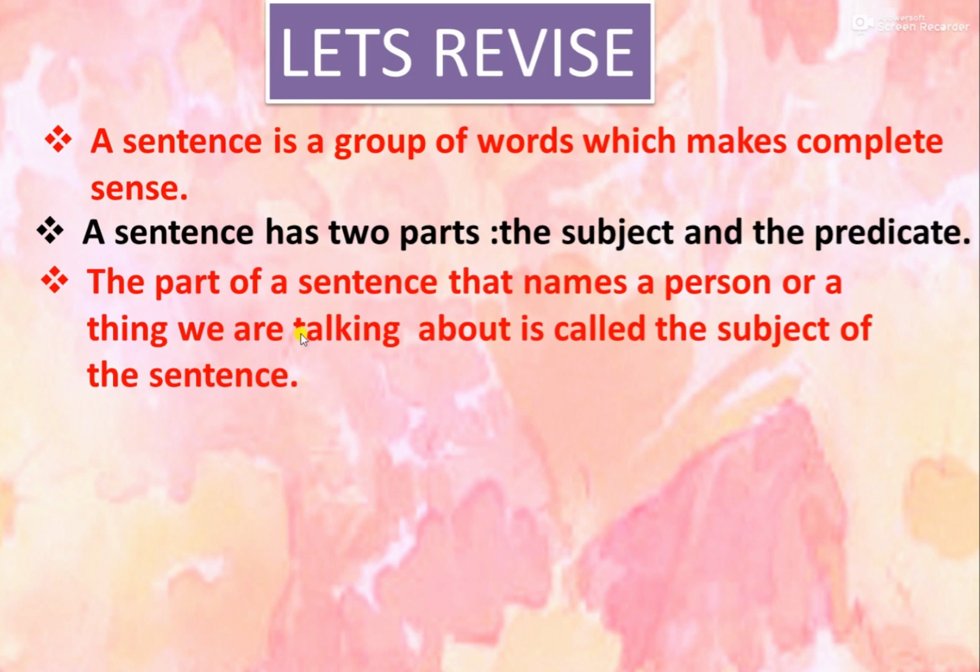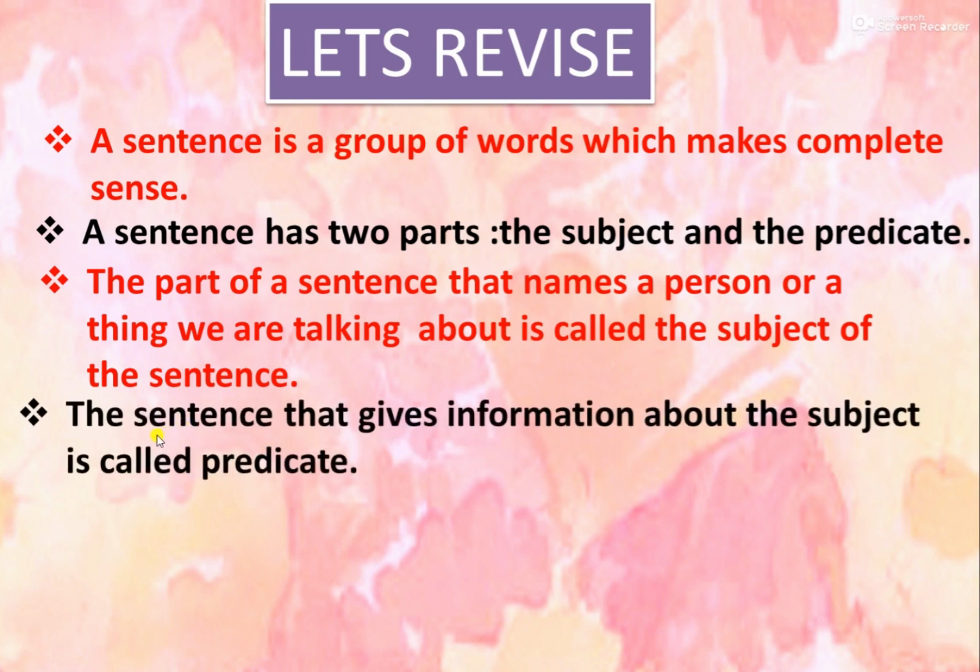The part of a sentence that names a person or a thing we are talking about is called the subject of the sentence. The part that gives information about the subject is called the predicate.